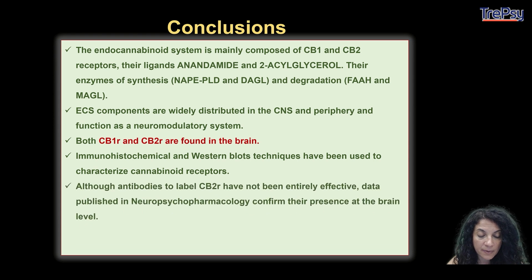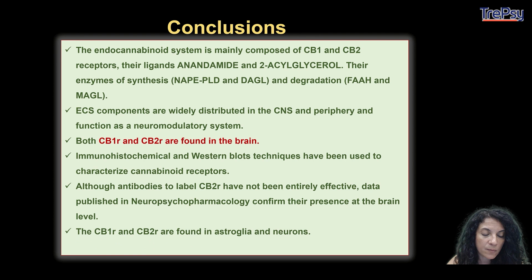Although antibodies to CB2 receptor have not been entirely effective, data published in Neuropsychopharmacology from our group confirm their presence at the brain level. The CB1 receptor and CB2 receptor are found in astroglia and neurons, but in humans, CB2 receptor is not found in microglia.